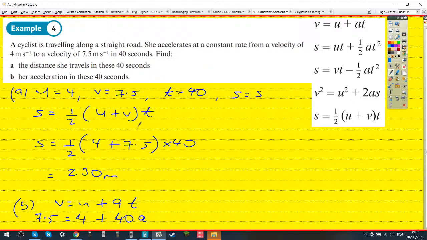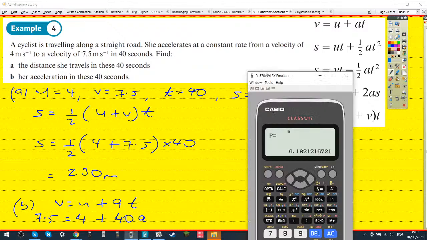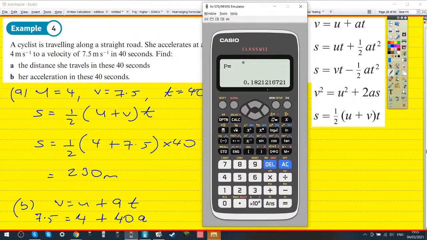I got x is 0. That's not right. Did you press equals twice? Oh no. Oh wait, I know where I went wrong. It's fine. I got 0.09.